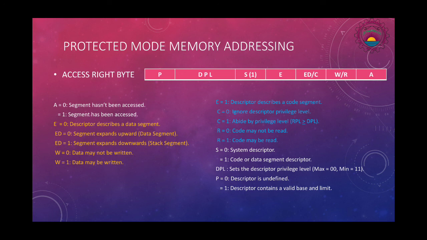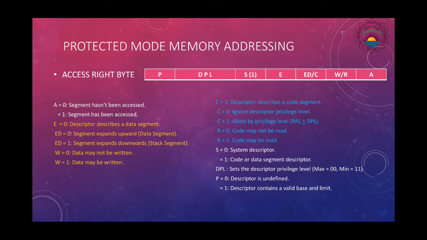Whenever you store data within a data segment, offset addresses increase, so the segment expands upward. In case of a stack segment, whenever you store data into the stack, offset addresses decrease, so the segment expands downward. So ED is 0 for a data segment and 1 for a stack segment.